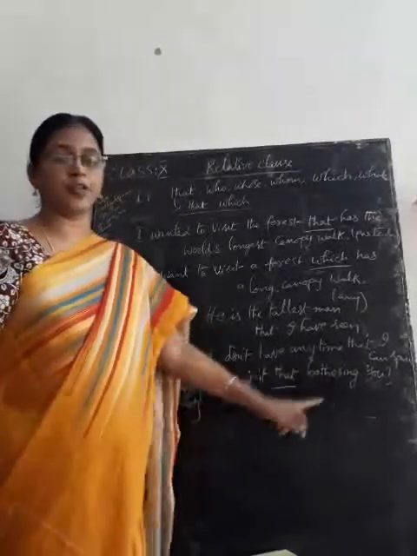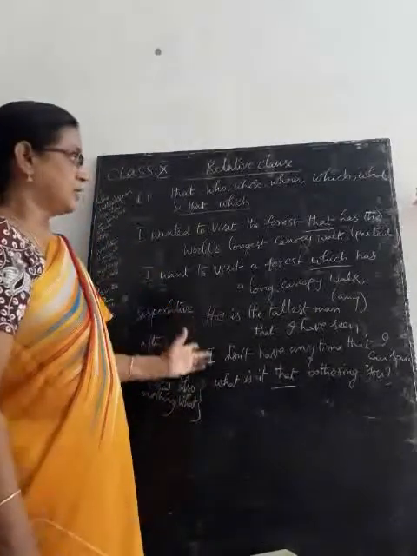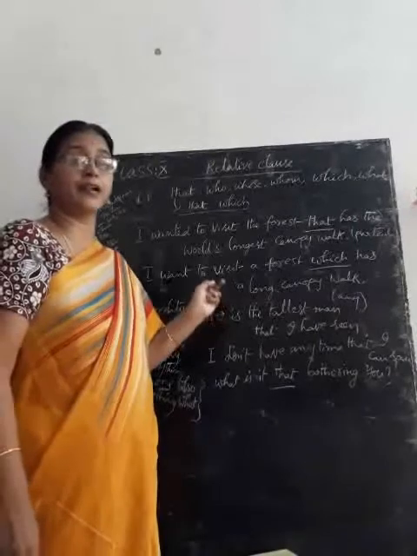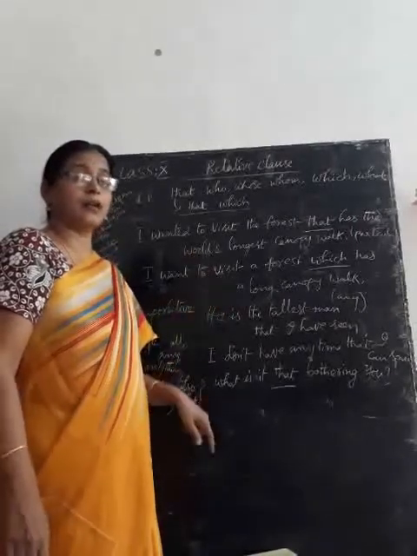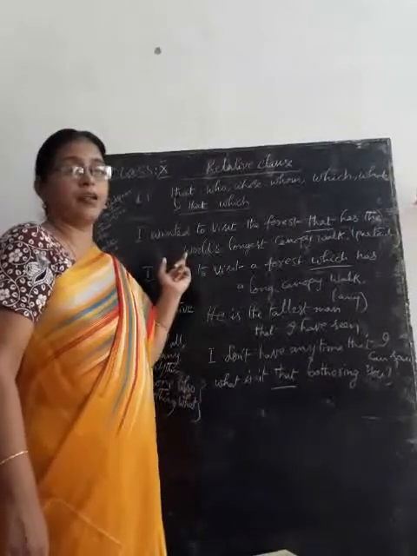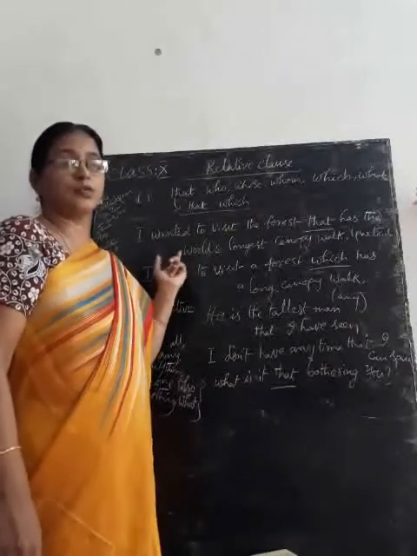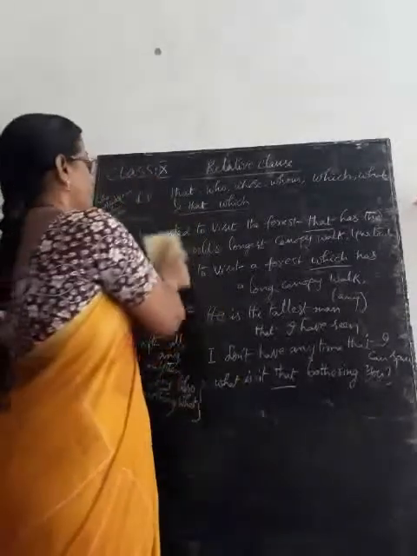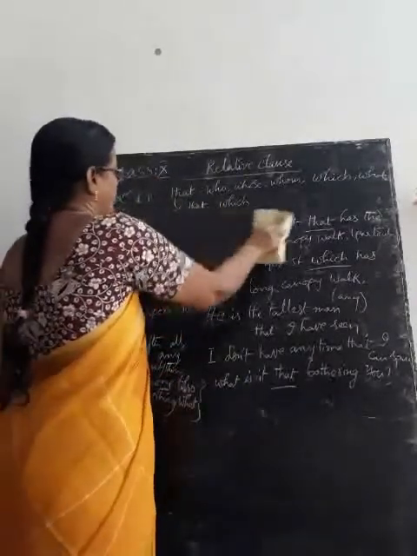What is it that is bothering you? So in these three cases we use that, particularly in defining relative clauses. In non-defining relative clauses we don't use that. We use which then.